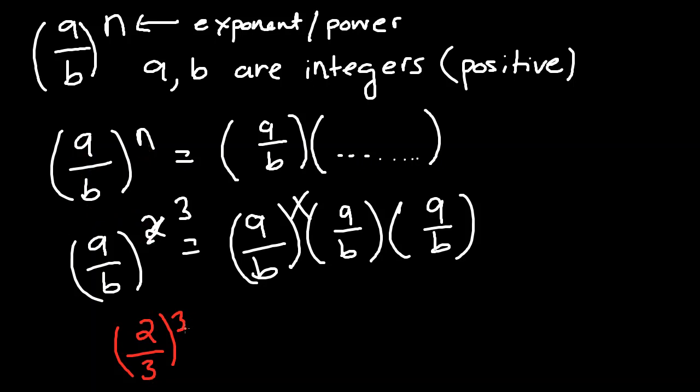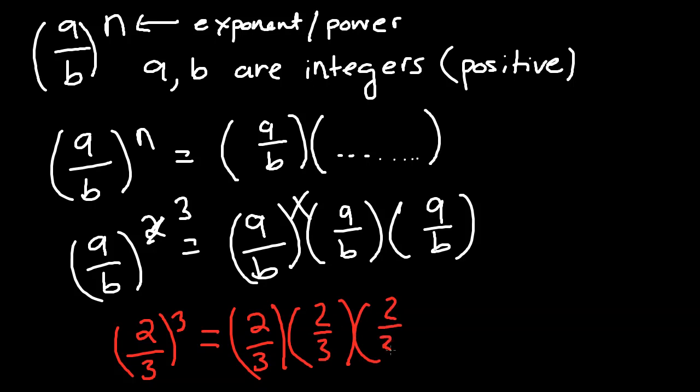N is 3, okay. So the answer to this problem would be, well, you just write a over b however many times n, basically. So since n is 3 in this case, we just write 2 over 3, 3 times. So our answer to 2 over 3 to the power of 3 is just 2 over 3 times 2 over 3 times 2 over 3, right? Whatever that gives us, okay?